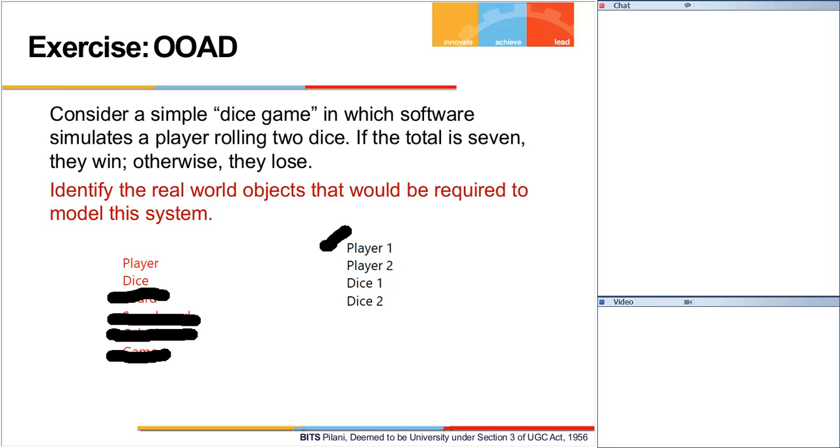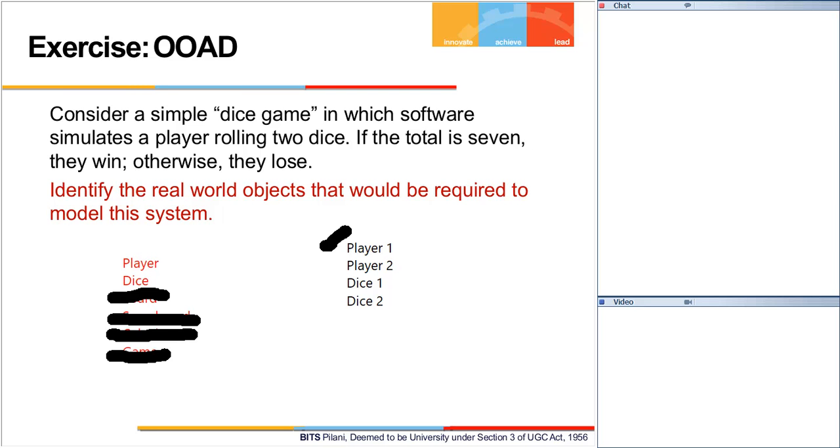Okay, I see people typing, we need a scoreboard. Definitely you need a scoreboard, but when you are analyzing the solution, given the context, it is very important that you stick to the context and then find out which are the domain concepts that you would require. I do not say you will not need a scoreboard. You will definitely need a scoreboard, but that is a software object. That is not a domain concept, right? So I would like to type out this word.